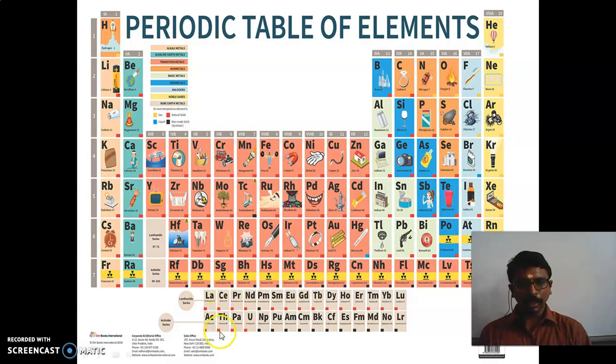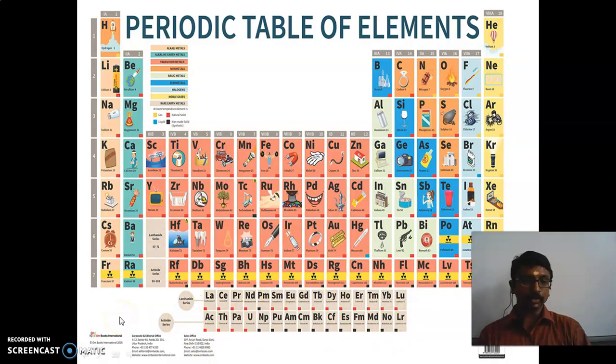And the F block elements actually belong in the D block; here only the F block elements come. Just imagine, children, if the F block elements were placed here, how would the periodic table look? Imagine, it would be very long. So for our convenience only, the F block elements are kept at the bottom of the periodic table.